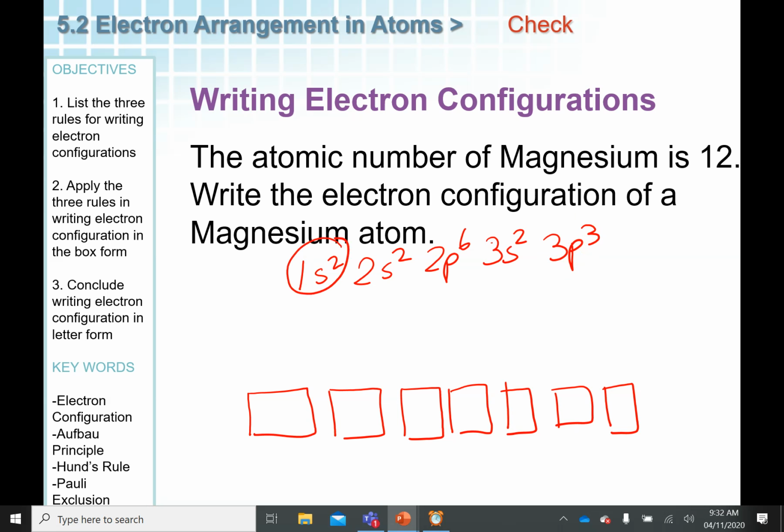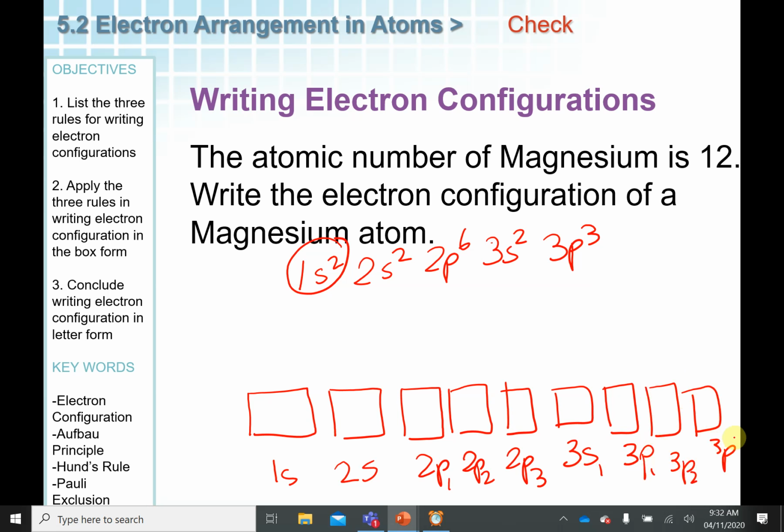First, we have 1s2. So this is 1s, 2s, 2p1, 2p2, 2p3, 3s, 3p1, 3p2, 3p3. Okay, so the 1s2 means 2 electrons in the first s orbital, 2 electrons in the second s orbital, definitely opposite spins, and then we have 2p6, so we have 6 electrons.